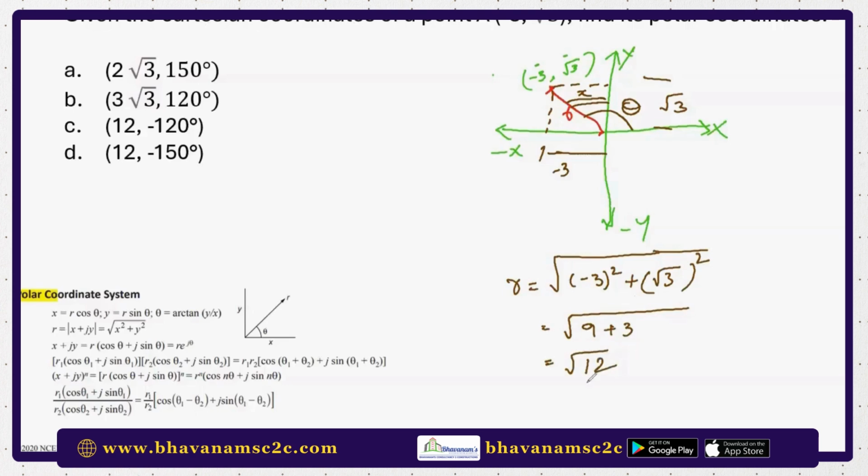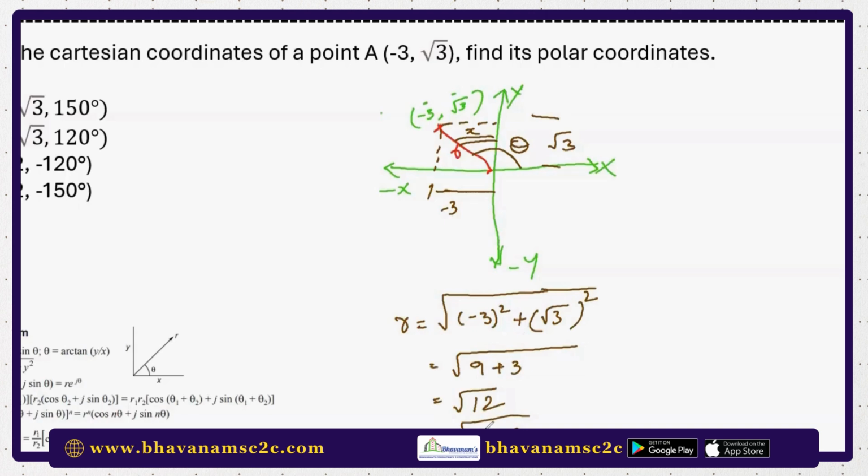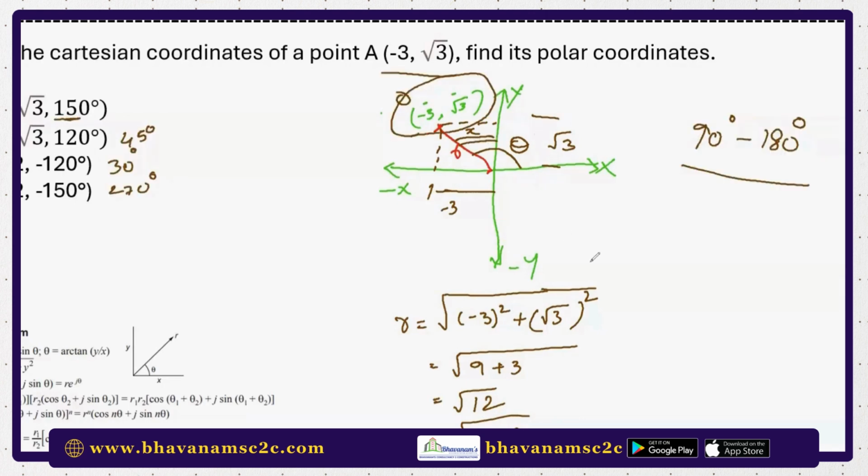And 12 can be written as square root of 4 into 3, which means it is 2√3. And in the options, we can directly go for A without calculating the angle. Now let us calculate the value of x.